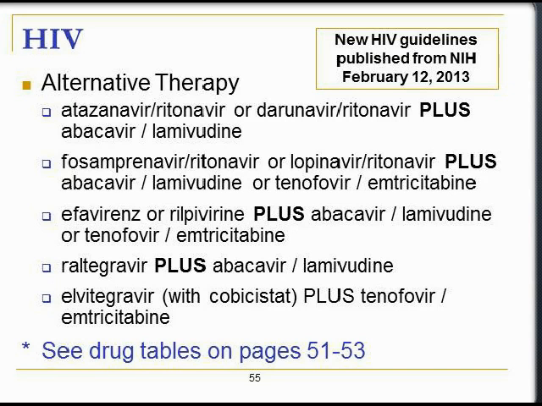Efavirenz or rilpivirine, which is another non-nuke, plus one of those nuke combos, or either of the integrase inhibitors, either raltegravir, the integrase inhibitor that's preferred, but with a different, less preferred nucleoside reverse transcriptase inhibitor combo, or the newest integrase inhibitor, elvitegravir, plus tenofovir and emtricitabine, which is actually a combination product, all four of those drugs, elvitegravir, which is boosted with cobicistat, then tenofovir and emtricitabine. It's all one product, and so if you're going to take that, you're going to take that particular product.